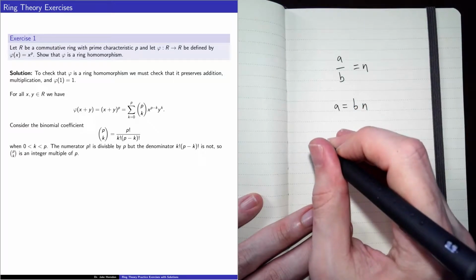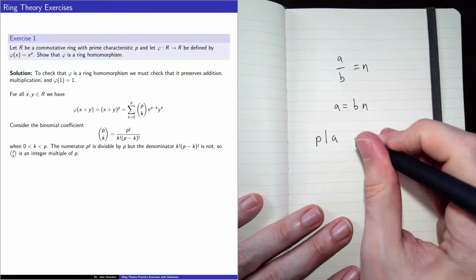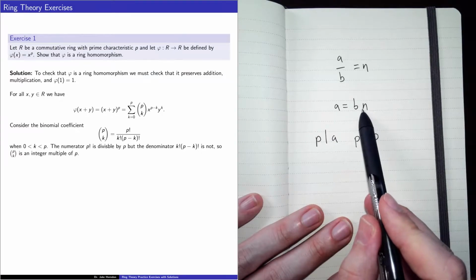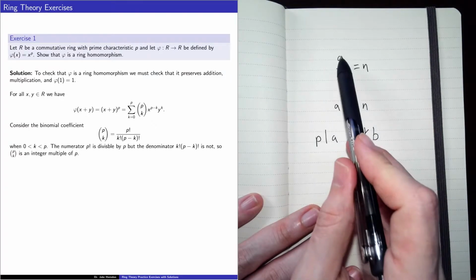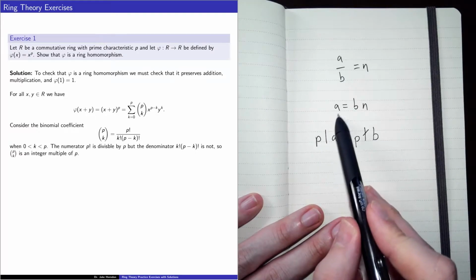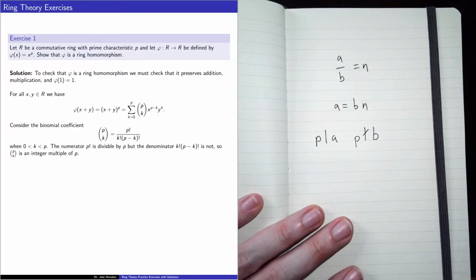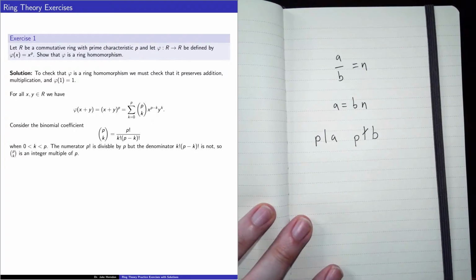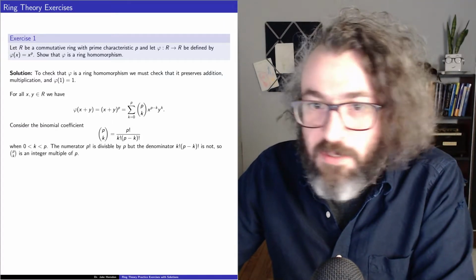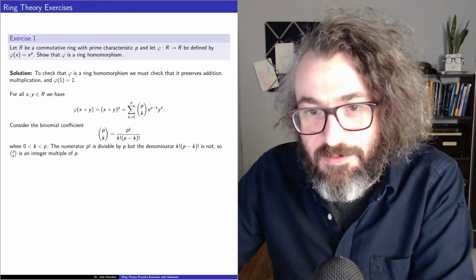And then if I've got some prime that divides the numerator of the fraction, but not the denominator, then I can conclude that n, the integer a over b, is divisible by p, because p divides a, so it divides b times n, but it doesn't divide b, so it has to divide n. So I always need to think through that whenever I'm going through this proof. All right, so it really depends on already knowing that p choose k is an integer. This weird looking fraction is not just a fraction, it's an integer.